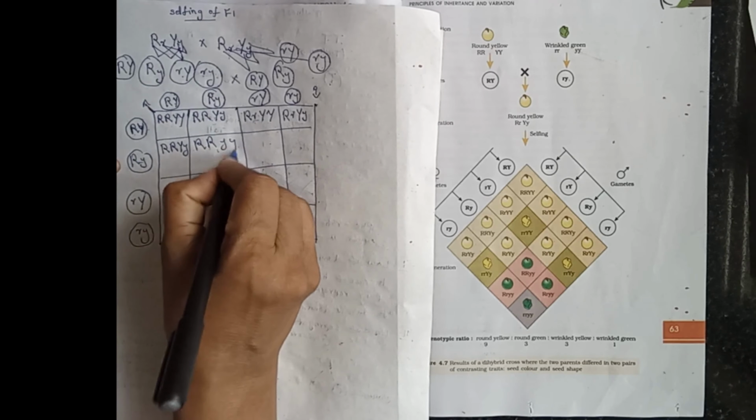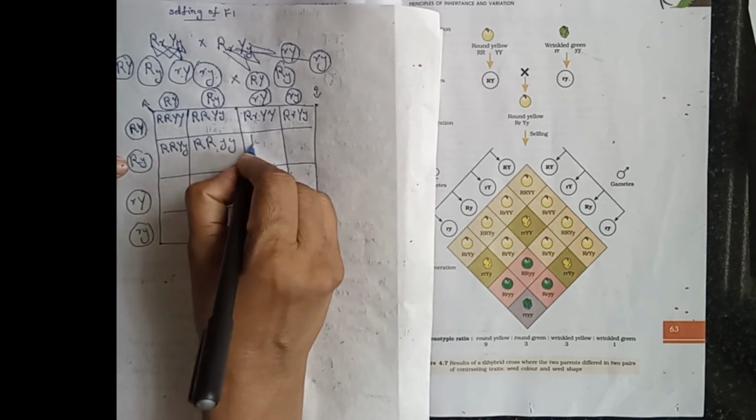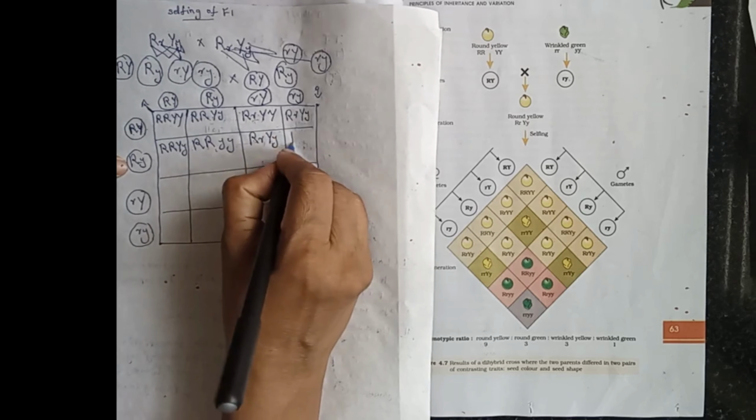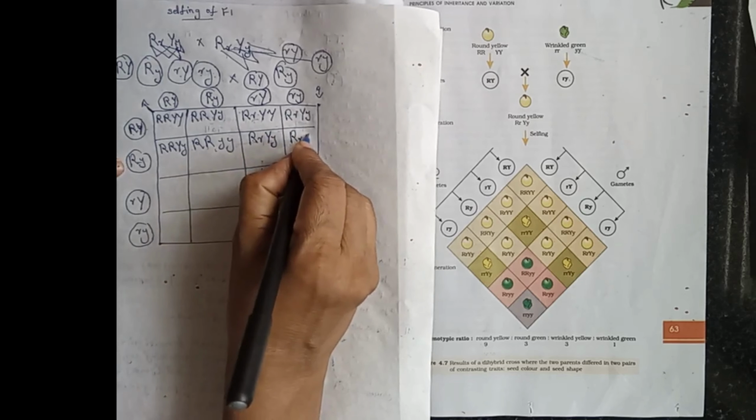Next row: capital R capital R capital Y small y, capital R capital R small y small y, capital R small r capital Y small y, capital R small r small y small y.